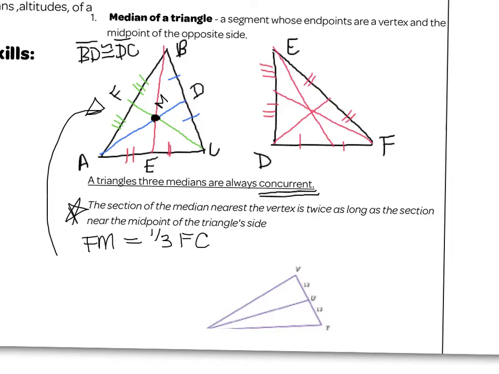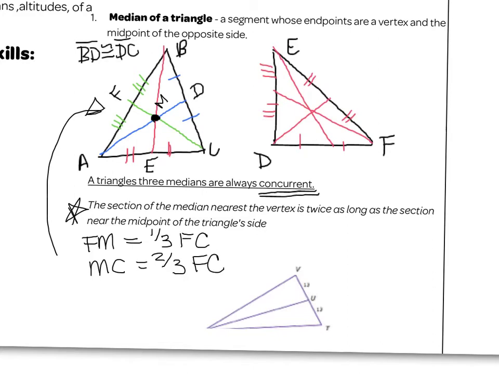So what that translates to is the small section of the median is equal to 1/3 of the entire thing. So that means that another statement we could write would be that MC is equal to 2/3 of FC.